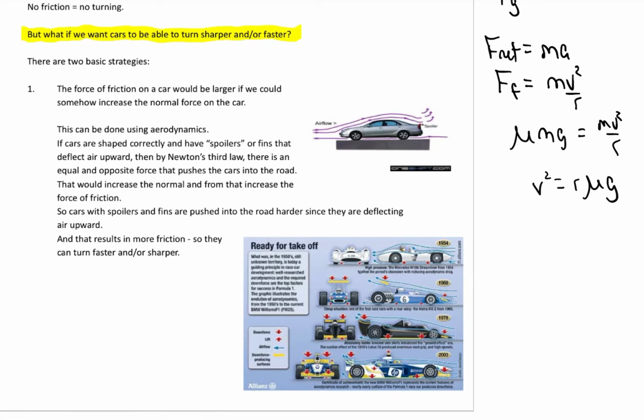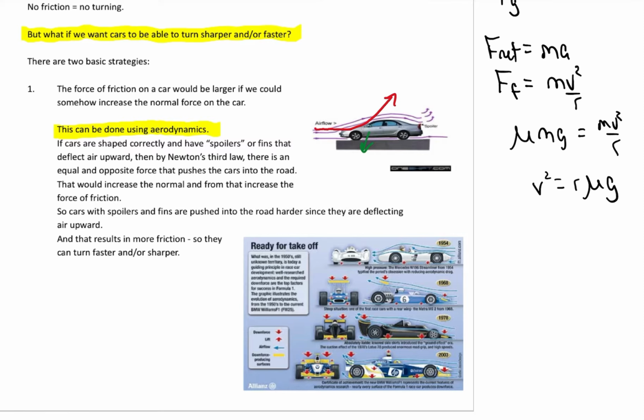One way to do it, and it's another cool application, but we're not going to get to it, is to use aerodynamics. If we can somehow change the shape of the car, so look at my little diagram here, when air flows and bumps into the car and curves upward, by Newton's third law, that pushes the car downward a little bit.